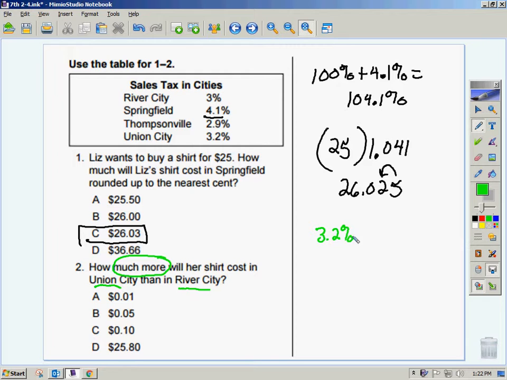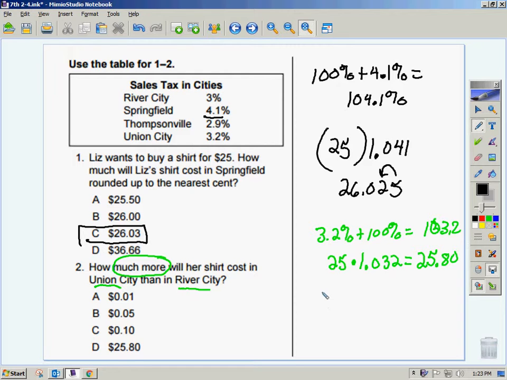If I take that 3.2% and I add 100%, it's 103.2%. So I'm going to take 25 times 1.032. And it gives me $25.80.